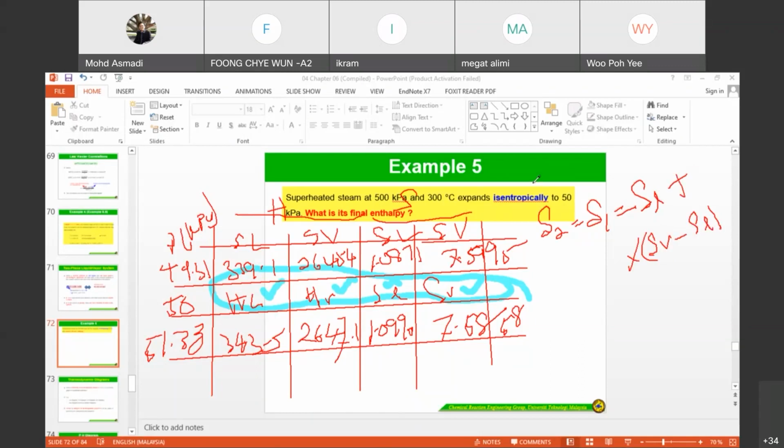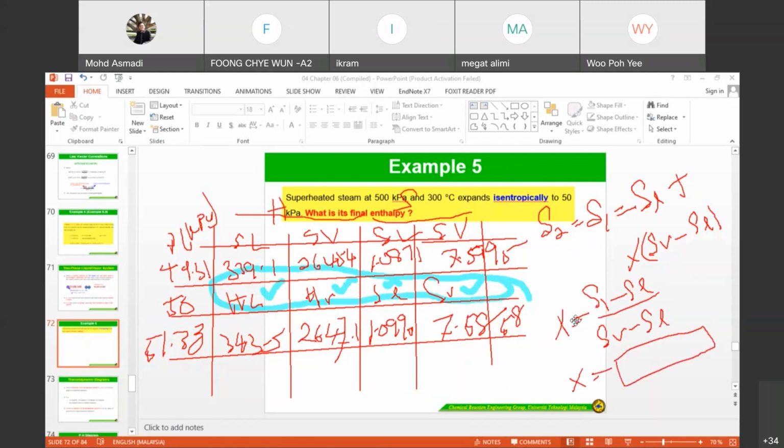This is an equation just like the previous one, M equals (1 minus X) times ML plus X times MV. Rearranging, X equals S1 minus S liquid, divided by S vapor minus S liquid.